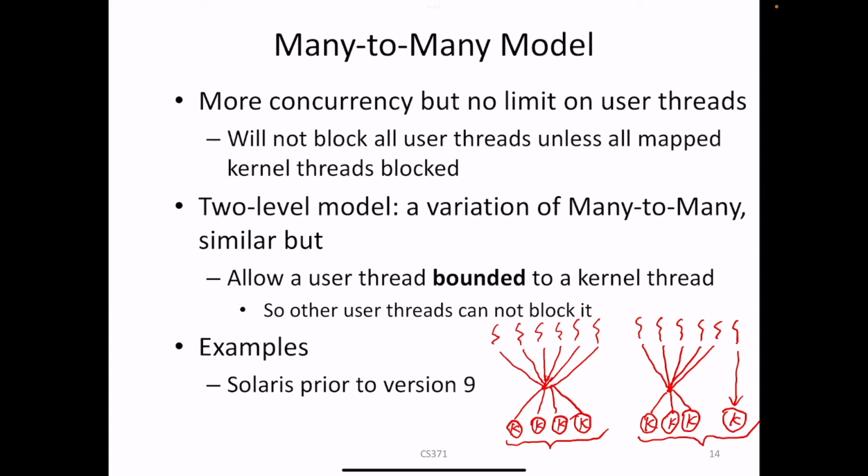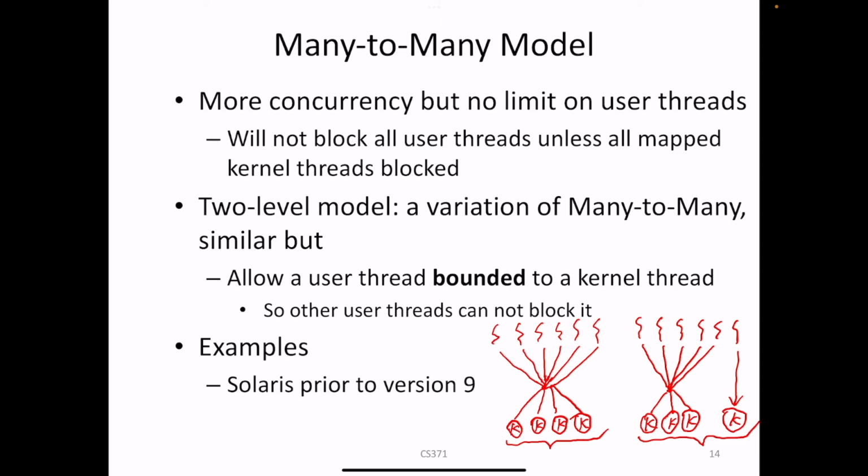For example, the user thread in charge of the UI can be dynamically bound to a kernel thread, similarly to one-to-one mapping, like the red figure showing us. So even though the other kernel threads have been blocked by the other 5 user threads, the UI thread won't be affected unless it itself causes the blocking.